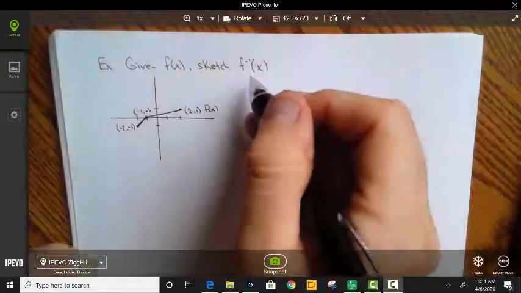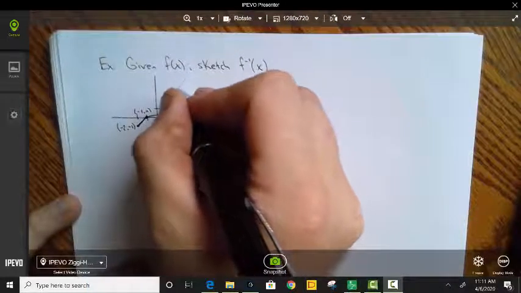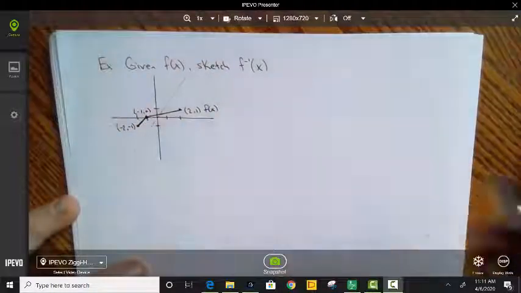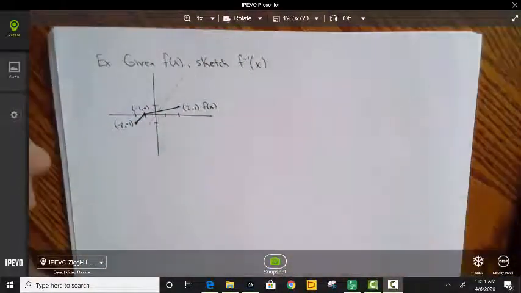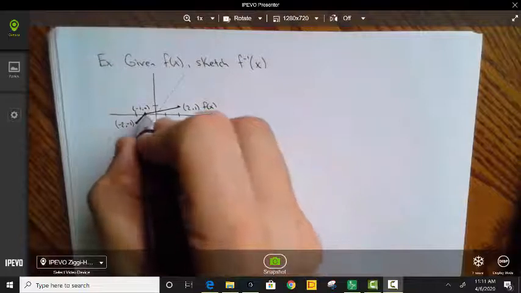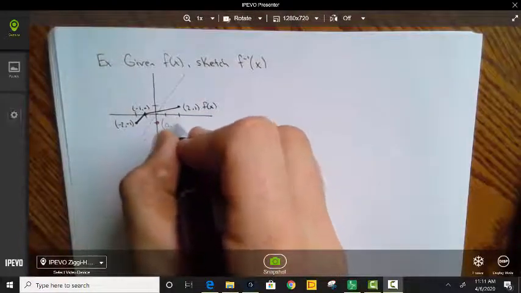If we want to sketch f inverse, we're just going to come in here and draw the line y equals x. And then we're just going to draw the mirror image of this. Well, here's what's kind of interesting that happens. This point here, which is at (-1, 0), is now going to be on the opposite side of the line at (0, -1).